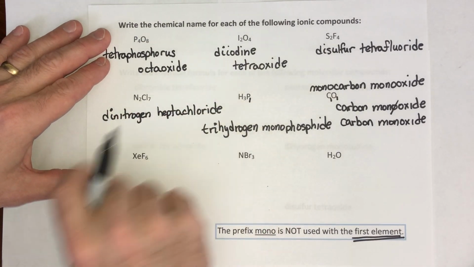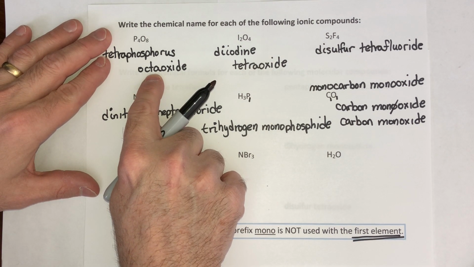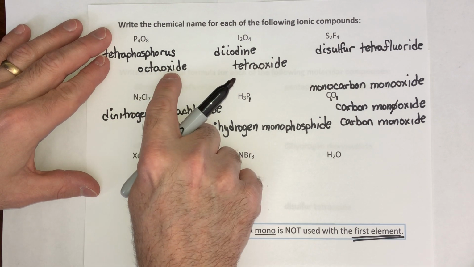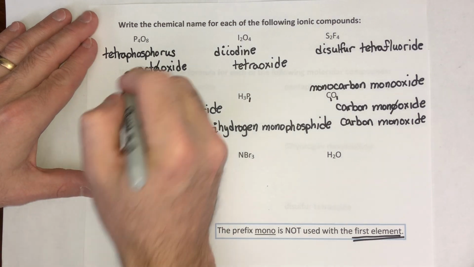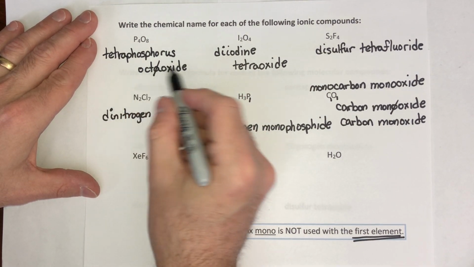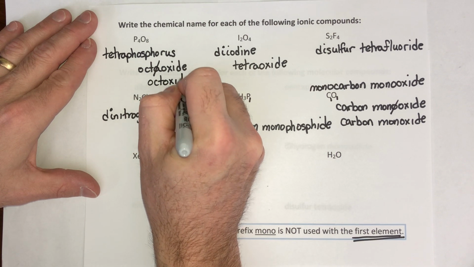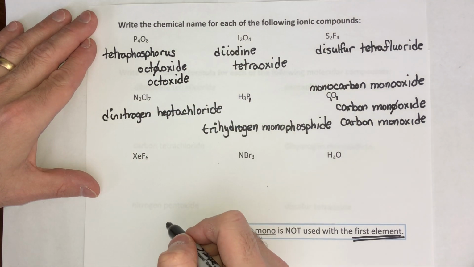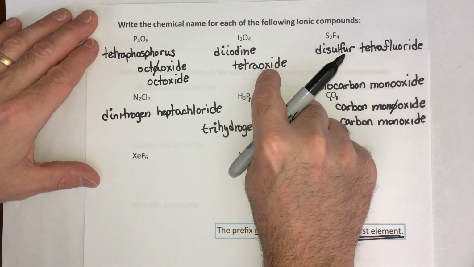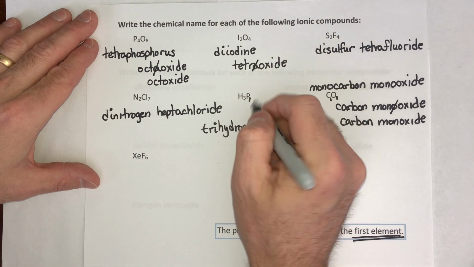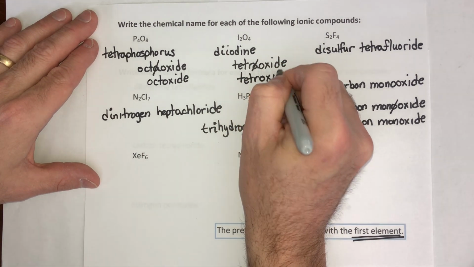When we had octaoxide, if you have a prefix that ends in an A or an O, and the element starts with a vowel, you're allowed to drop the A or the O. So instead of tetraphosphorus octaoxide, you could call it just octoxide. Or for this one here, right? Tetra ends in A, oxide starts with a vowel, you are allowed to drop the A. So you could call this tetroxide.